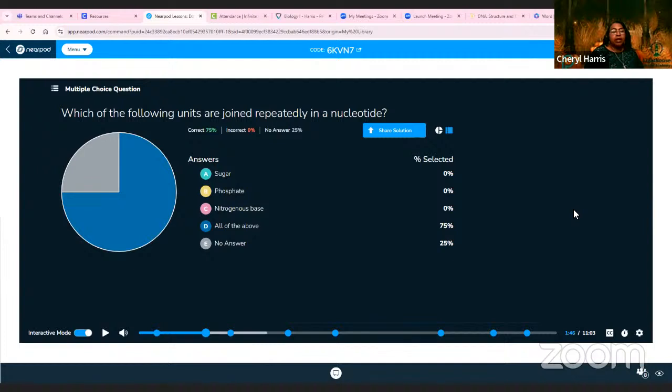All right. But as we can see right now, all of the above is correct because a nucleotide, if you remember, is made up of a nitrogenous base, a phosphate unit, and a sugar. All of those things make up one unit, and then they're connected together.